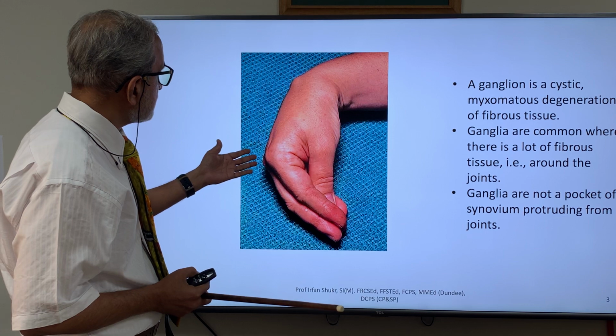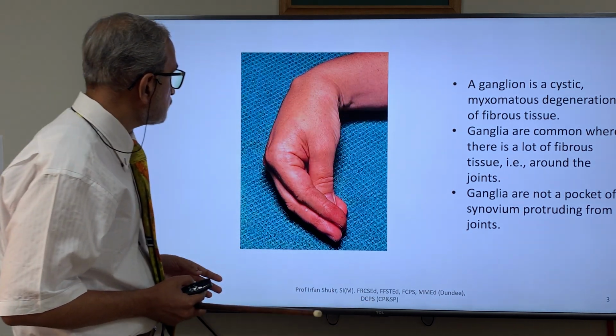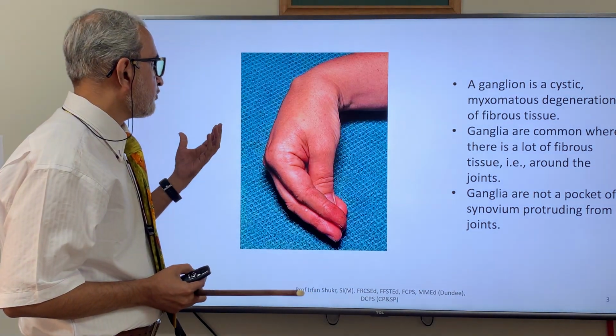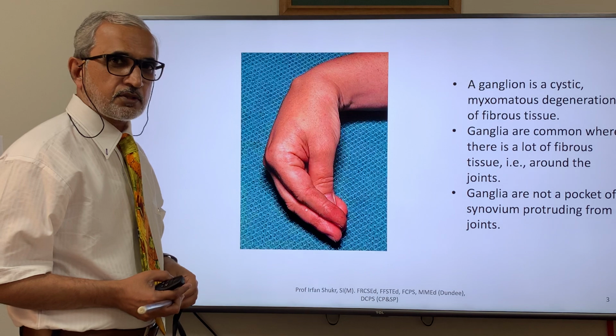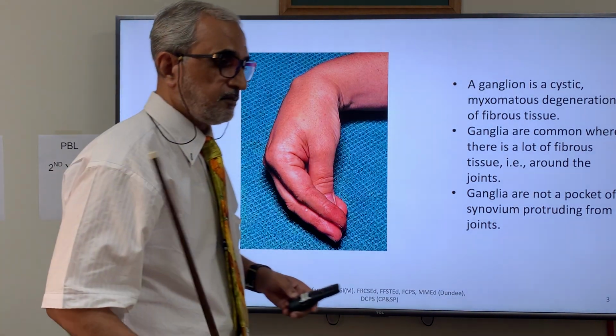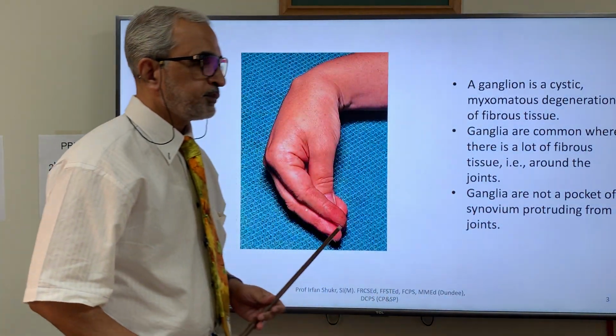And since it is in the hand, I have to see the axillary lymph nodes also. So assume I have taken the history of this patient, and now I am waiting for the examiner to come and ask me the questions.